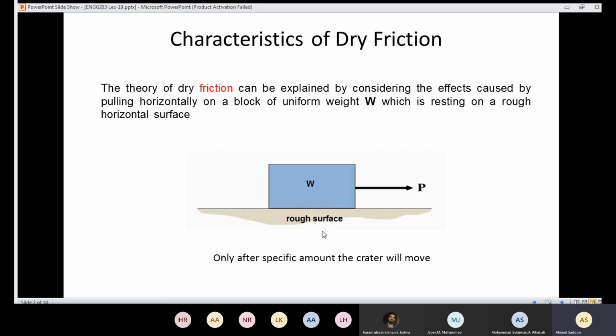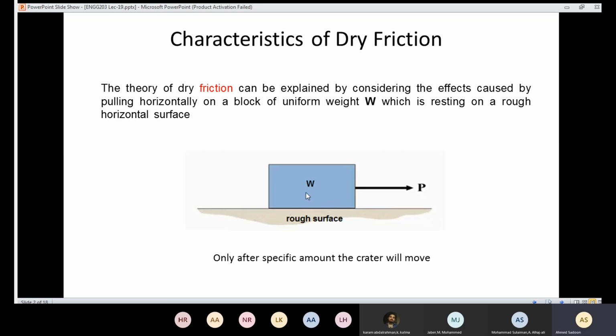The other option, you are going to apply a force, and as a result, the box is going to move in this direction. This means you apply a force more than the forces acting on the rough surface. So only after a specific amount of force, the box or the crate will move.